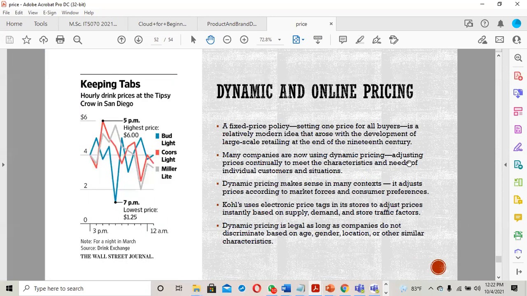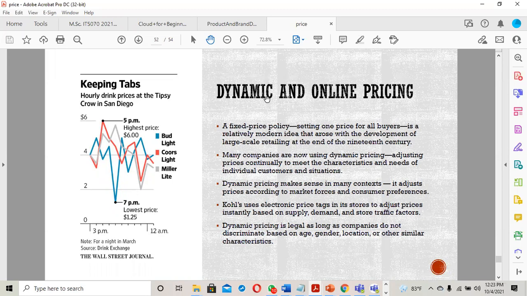Dynamic and online pricing. Dynamic pricing means that when you start the day, the economic situation in the country might be different from how it is going to end at night. Within a day, the economic factors in the market can change with time.